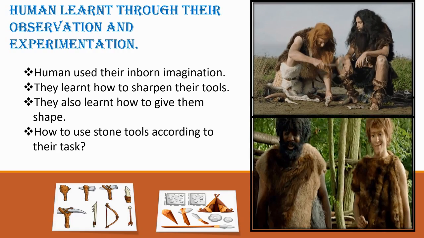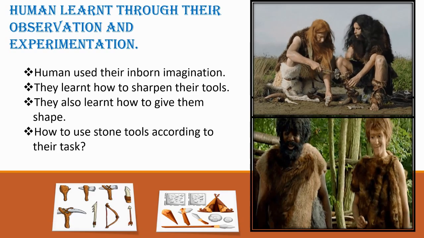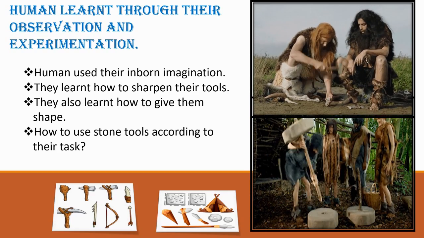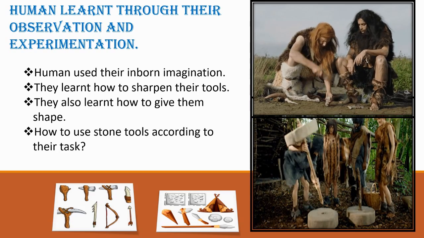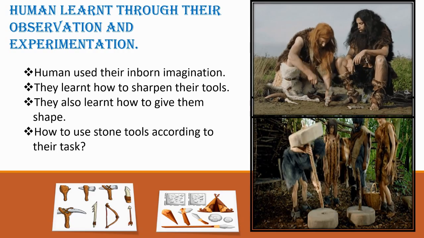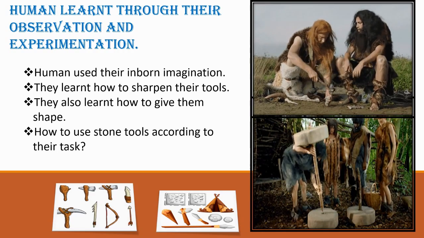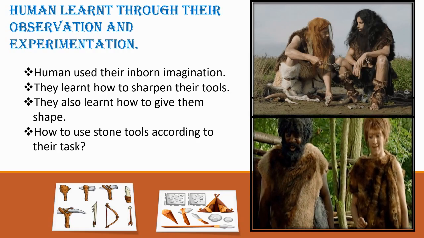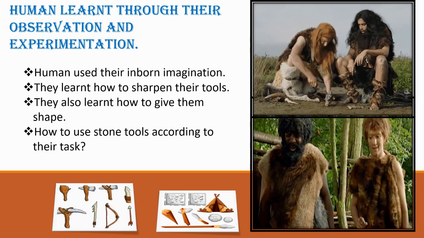You know student, the Stone Age men also learned how to give shape to an object according to their desire, according to their wishes. Here we learn that in this period, Stone Age men learned to give different shapes to their tools according to their tasks.